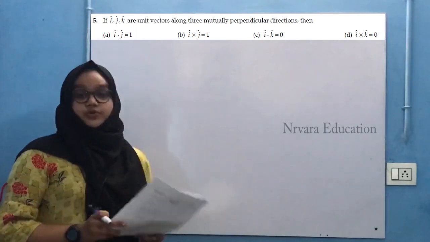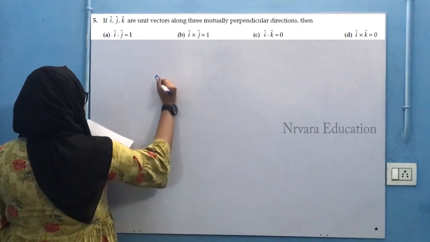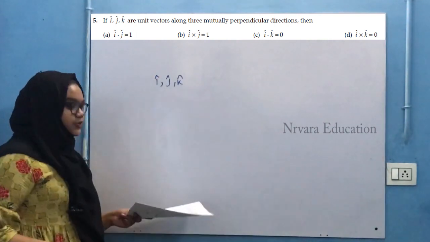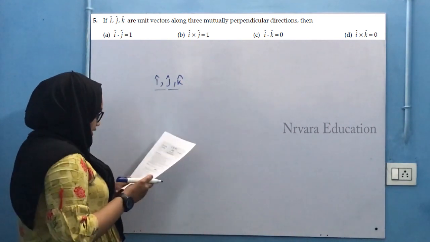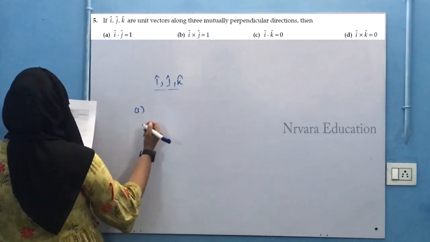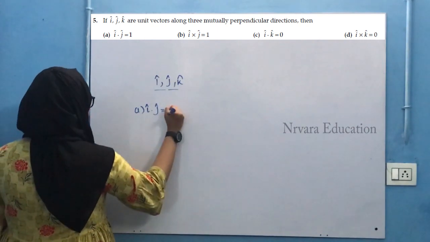So moving on to question number 5. They've given us that i cap, j cap and k cap are mutually perpendicular vectors, which means that the angle between any two of these vectors is 90 degrees. Then they've given us 4 options. Option A is i cap dot j cap equals 1.